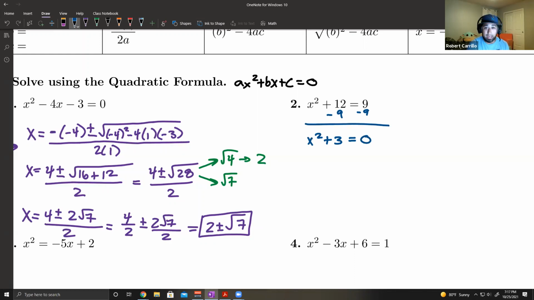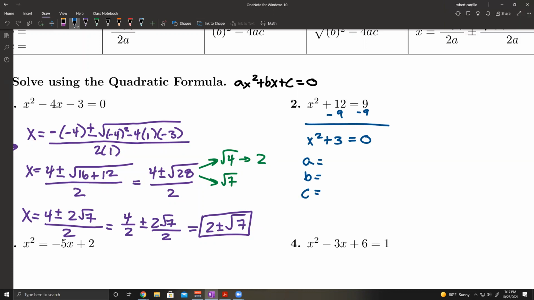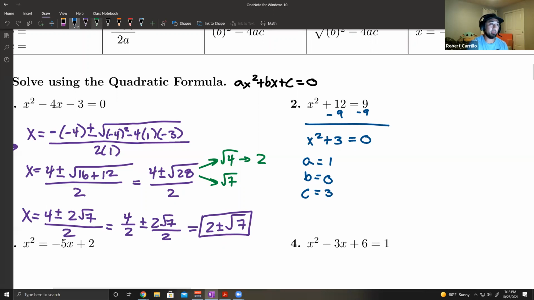Now label A, B, and C. What's the value of A here? 1. What's the value of B? 0. And what's the value of C? 3. All right, perfect.